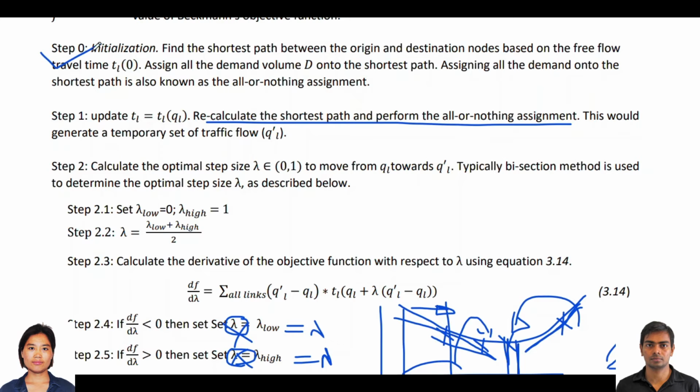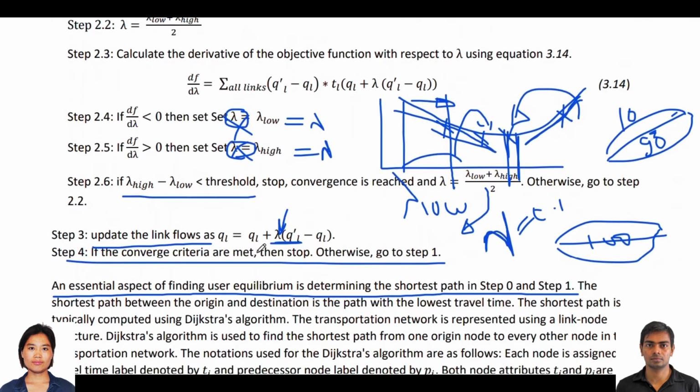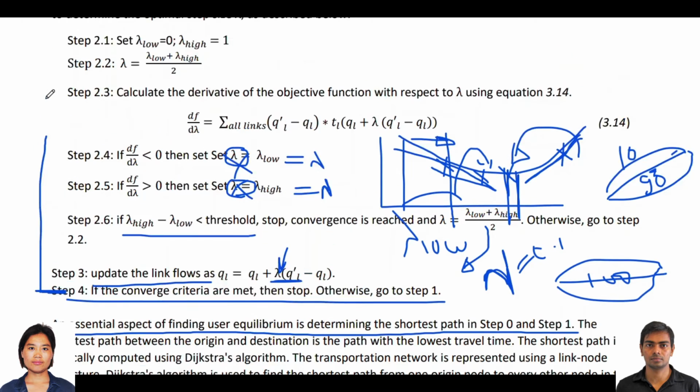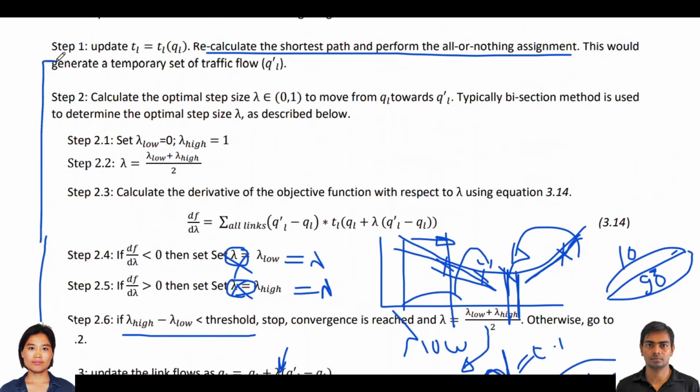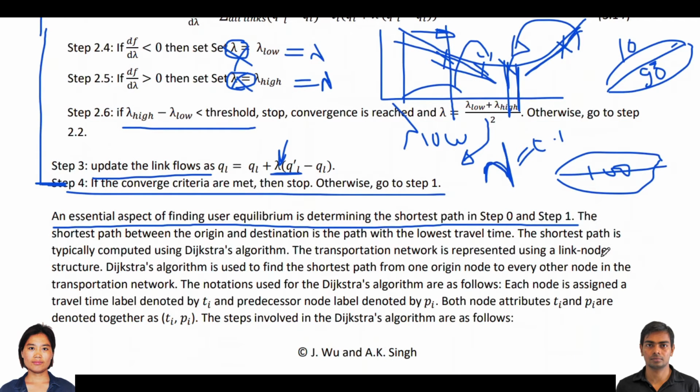So we need to update the shortest path several times. During convergence, if the step 3 convergence is not met, then we usually go up to step 1 and repeat step 1 several times. So in the user equilibrium equations, we are determining the shortest path again and again and again.